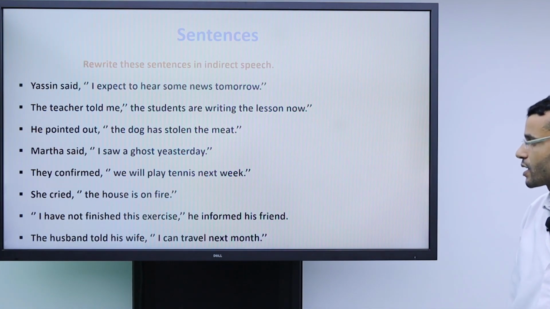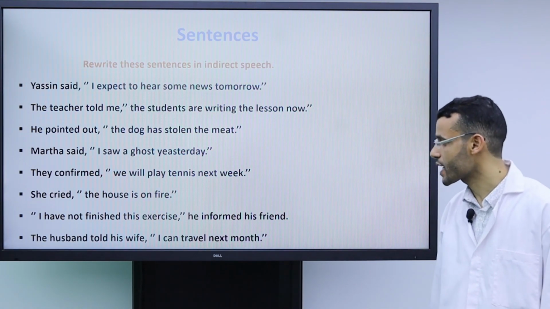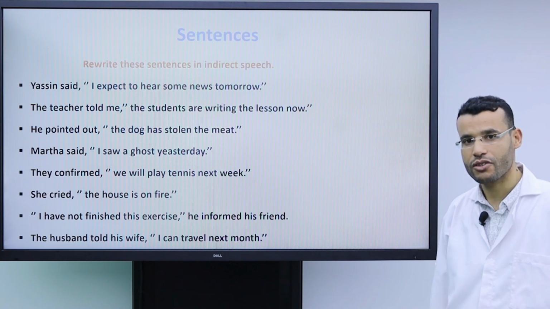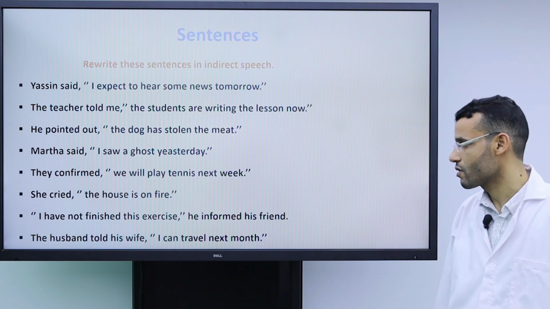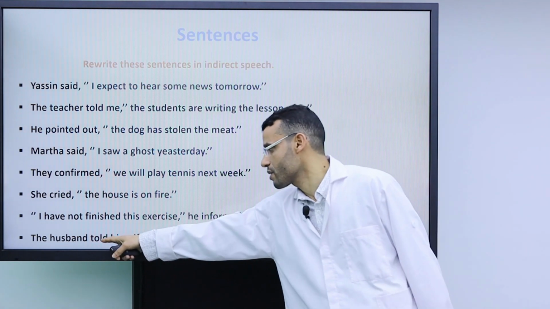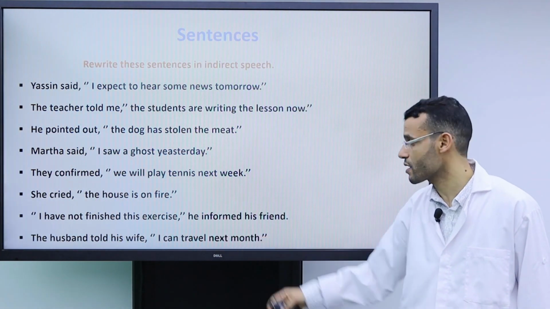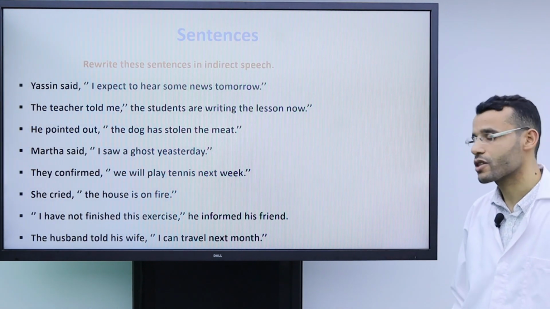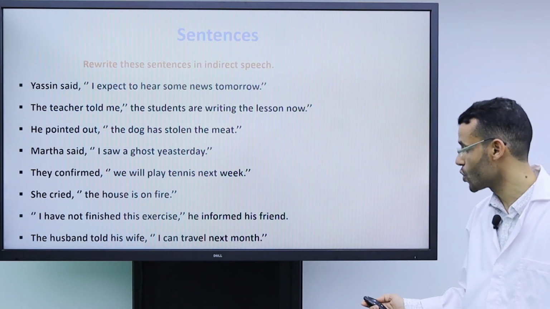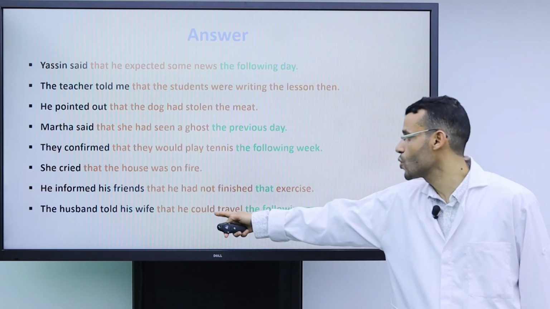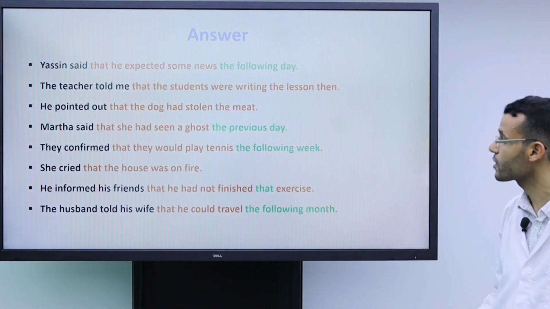And the last one, "The husband told his wife, I can't travel next month." So the introductory verb is in the past, so the tense here should be changed, and also the time expression. So the husband told his wife that he could travel the following month.